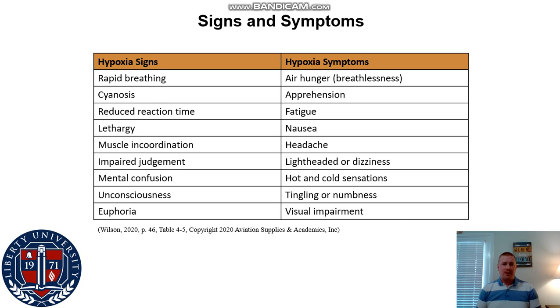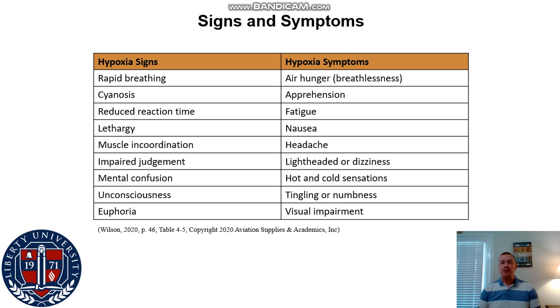This is Table 4-5 from page 46 of our textbook, and I thought this was one of the most inclusive signs and symptoms lists that I've read from many sources, so I included it in my presentation. Everybody experiences hypoxia differently, so it's really important to understand your symptoms.